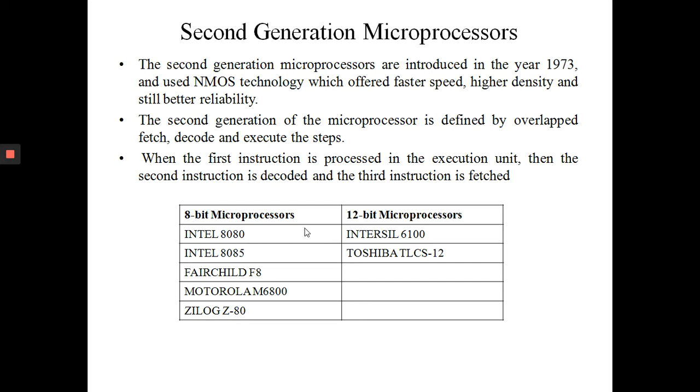The second generation microprocessor was introduced in the year 1973 and used NMOS technology, which offered faster speed, higher density, and better reliability. The second generation of the microprocessor is defined by overlapped fetch, decode, and execute steps.